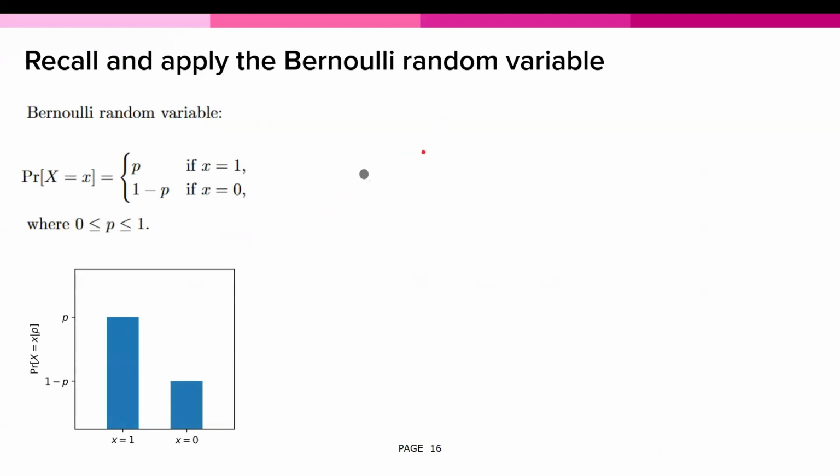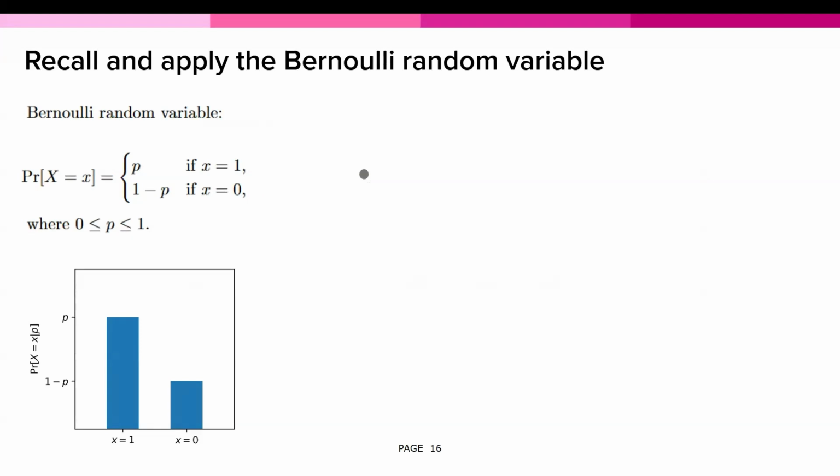Okay, so how can we go about modeling this probabilistic outcome? So one thing we know is that the outcome can take on only one of two values. It's either 0 or 1. It's a binary outcome. And last week, when we had the lecture on maximum likelihood estimation and entropy, we encountered the Bernoulli random variable. And this allows us to model these types of binary random variables.